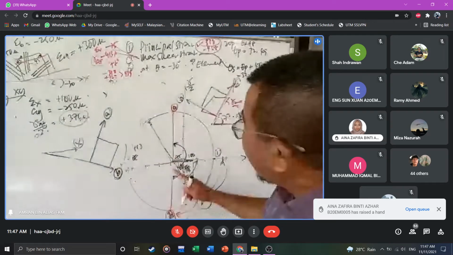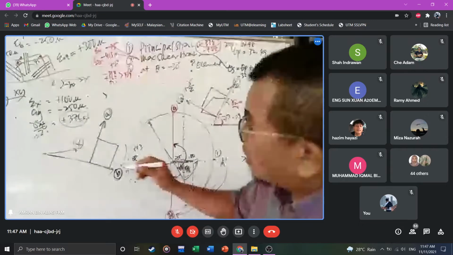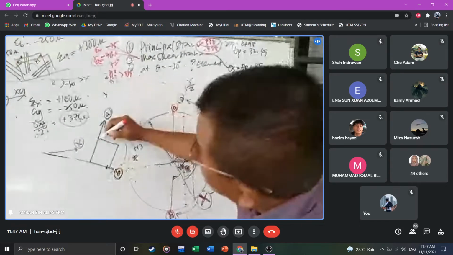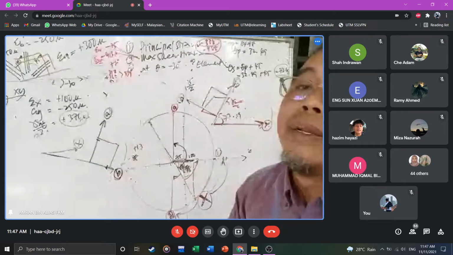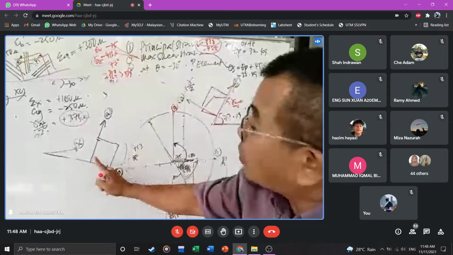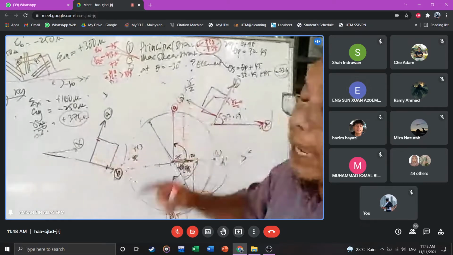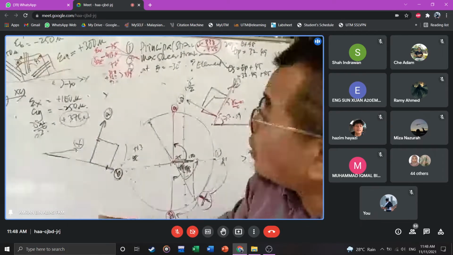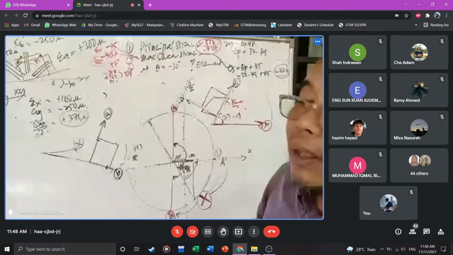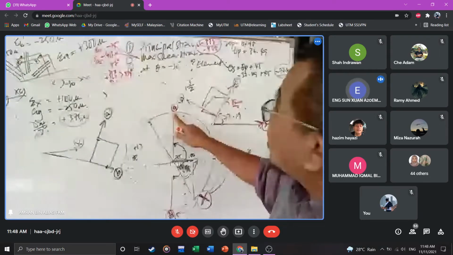Draw the B value there. Negative, smaller. The B value is smaller, and the A value is also negative 75, smaller. Now the angle. You start with B. Now you want to write the angle. Which angle do you want to read, B or A? A, because you start with B, right? A is positive or negative? A is positive.